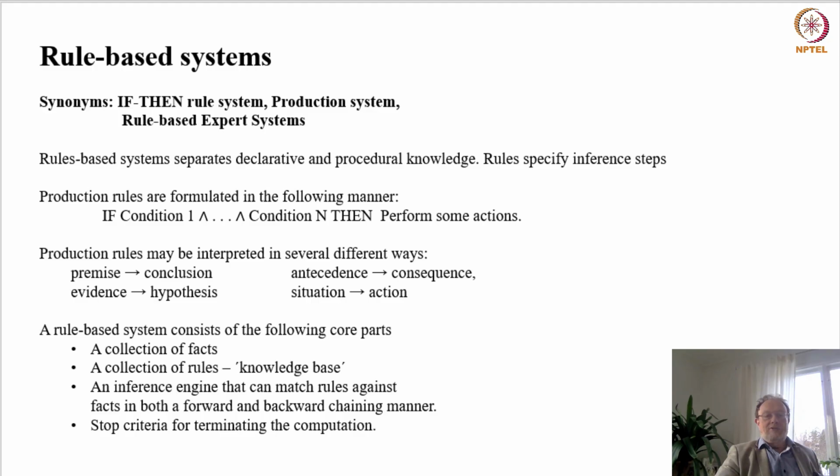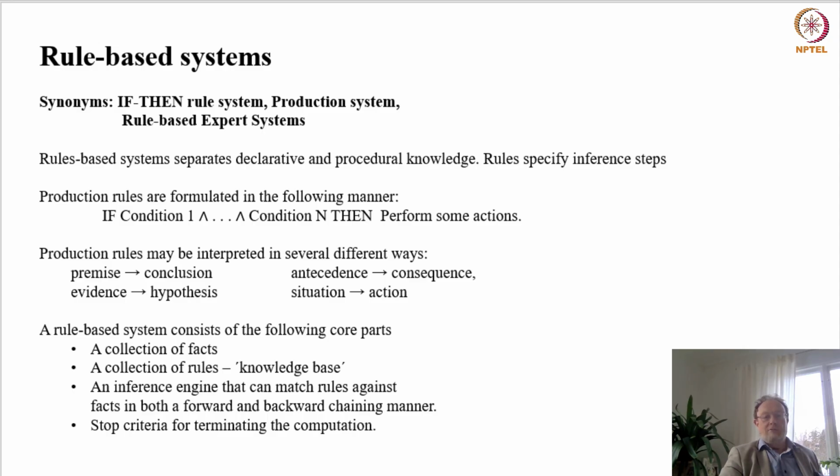Almost all rule-based systems share some core parts. So there is always a collection of facts, and the collection of facts, you can say, represents the problem state. And then there is a collection of rules called a knowledge base, which can act upon the facts. So there is a cycle. The computation is a cycle, where in each step of the cycle, the collection of rules potentially work on the facts.